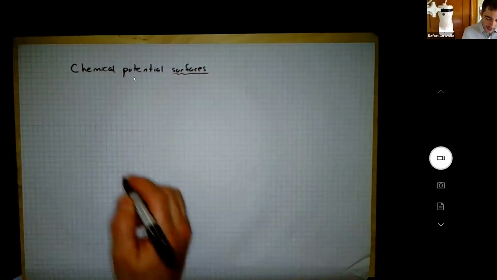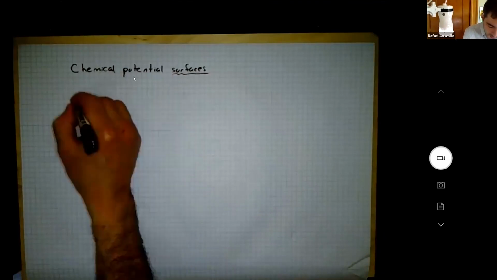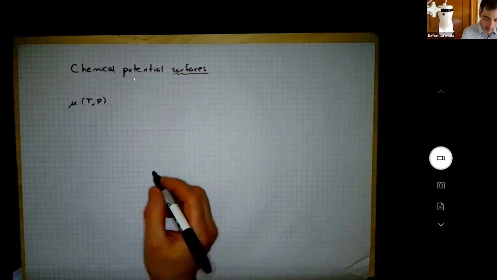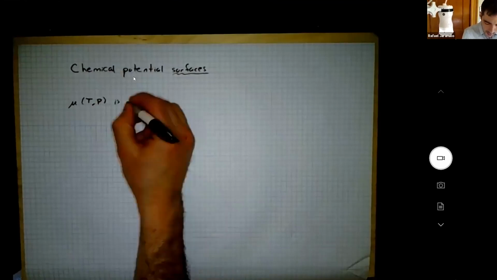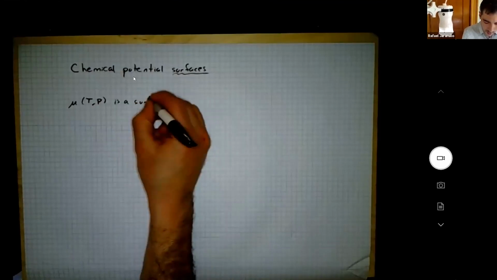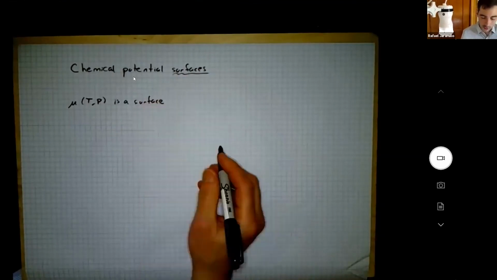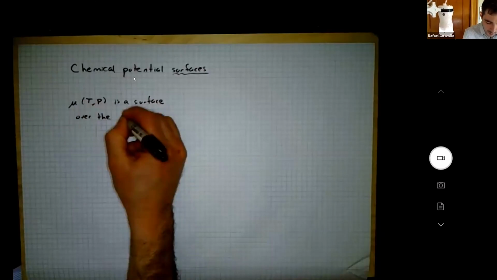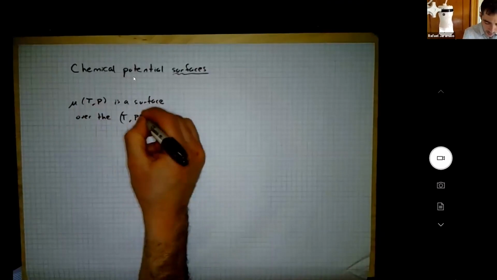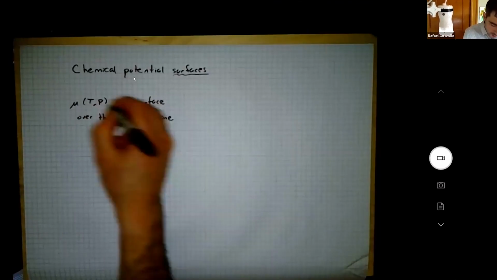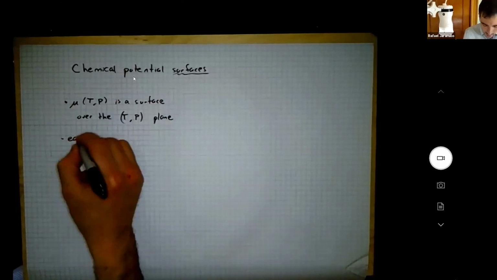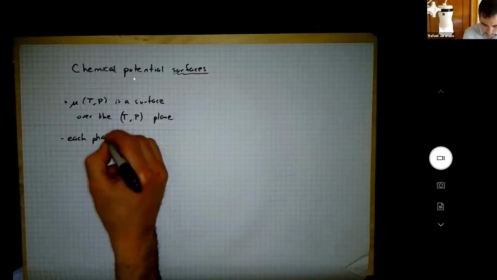So let's see. Mu of T and P, it's a surface, right? It's a function of 2 variables. It's a surface over the TP plane. And each phase has its own surface.